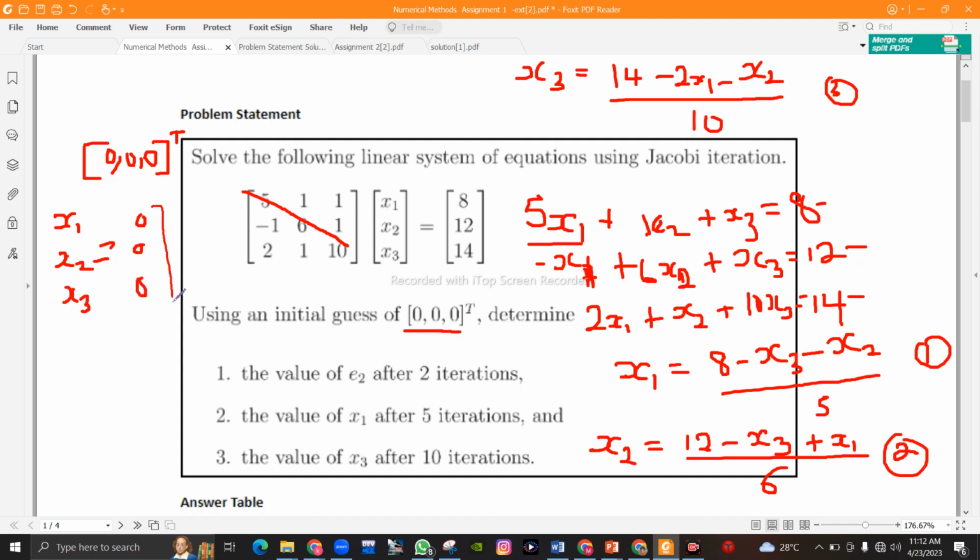That's the function of that transpose there. You have to transpose the matrix. So that means our x1 initially is 0, our x2 initially is 0, and our x3 initially is 0. So with these values, we can get our first iteration by putting 0 in equation 1, equation 2, and equation 3. So these are our initial guess, as I said earlier.